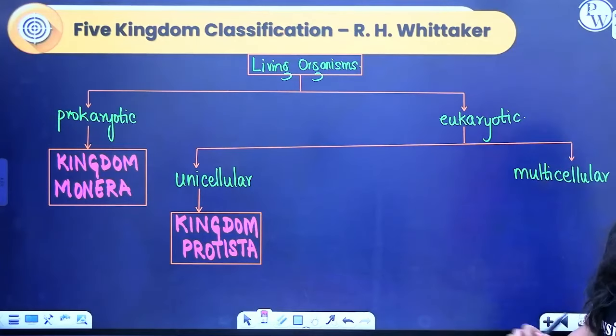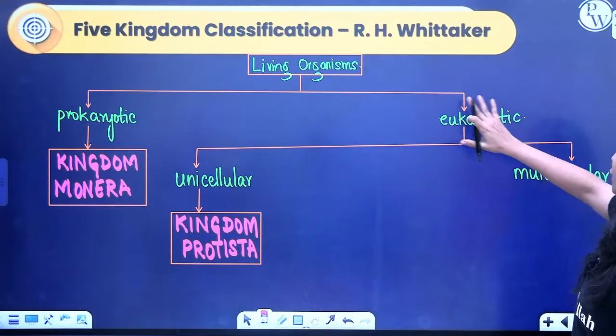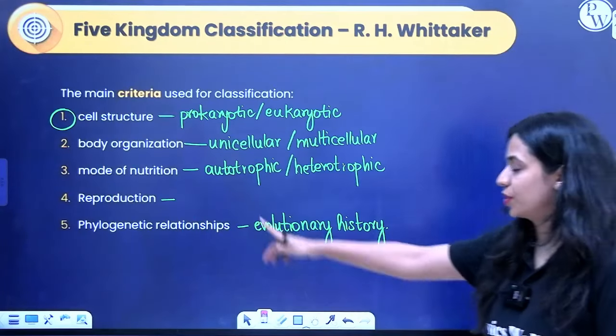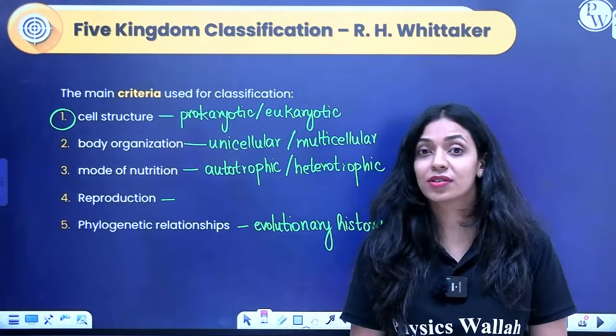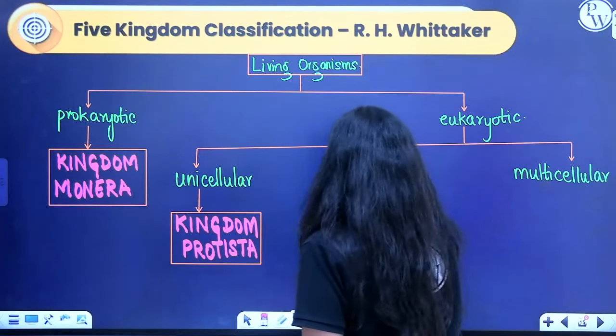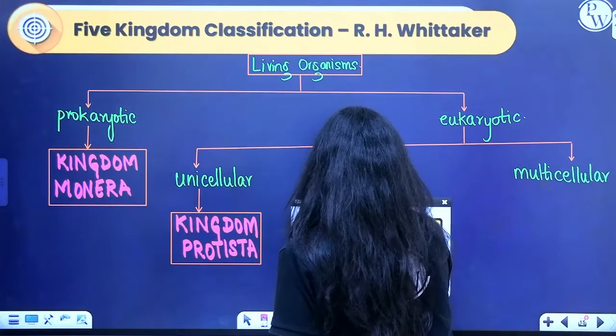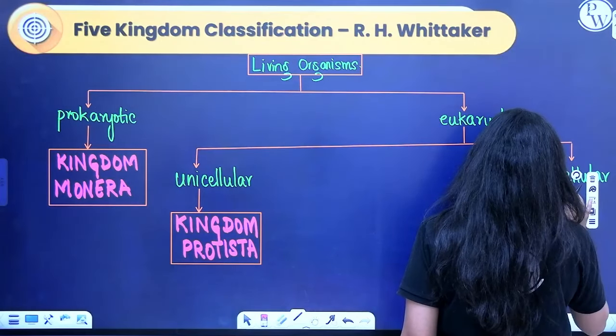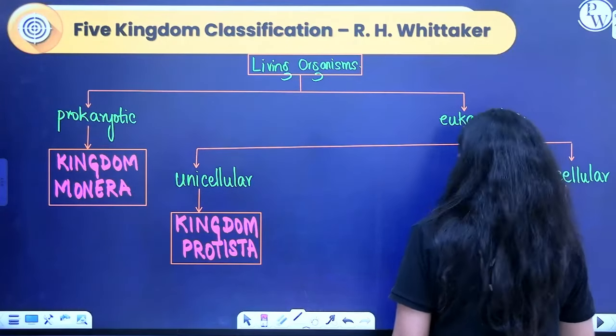What are we left with? We are left with eukaryotes that are multicellular. What is the next question that we will ask? What is its mode of nutrition? Whether it is autotrophic or heterotrophic. These multicellular eukaryotes can either be autotrophic or heterotrophic.